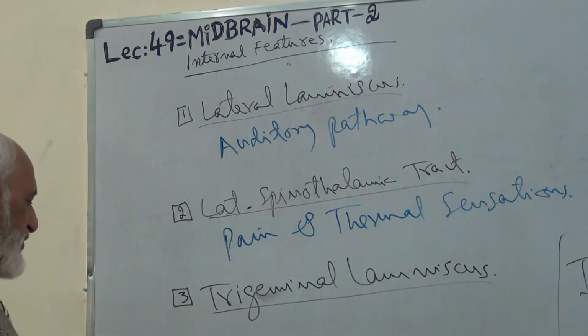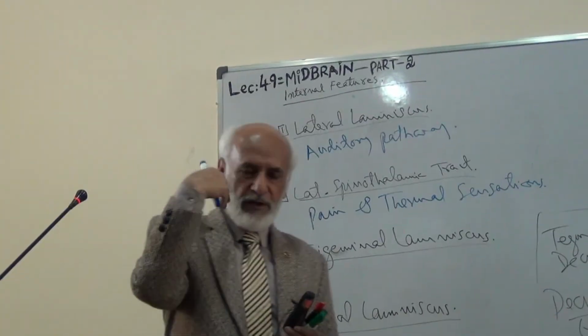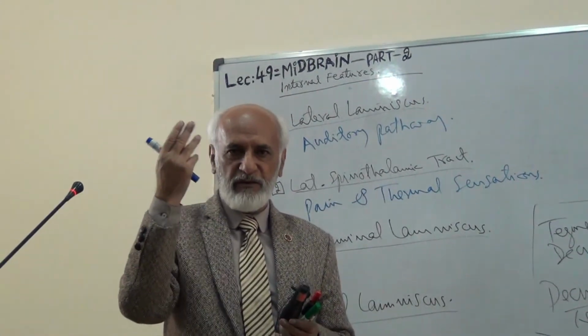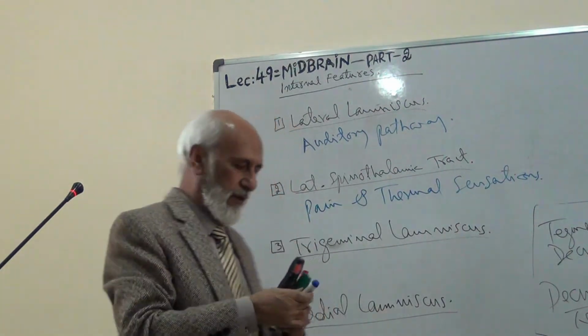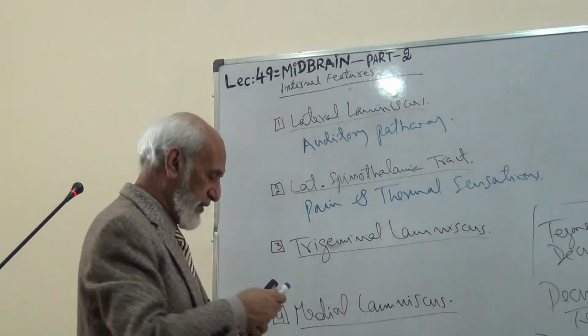Then the trigeminal lemniscus. You know, the trigeminal nerve is the sensory nerve to the face. The motor nerve supply to the face is the facial nerve, and the sensory nerve supply is the 5th cranial nerve, the trigeminal nerve, which carries sensation from the face.